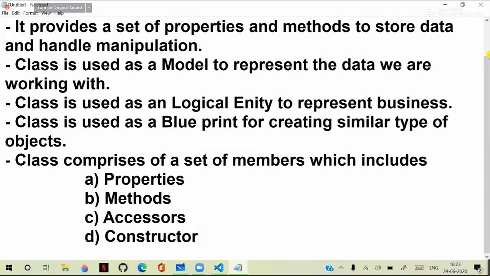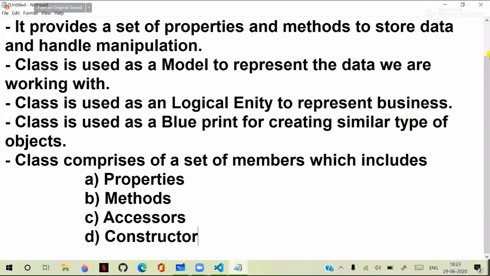These are the important members in a class. All these are the members of a class.